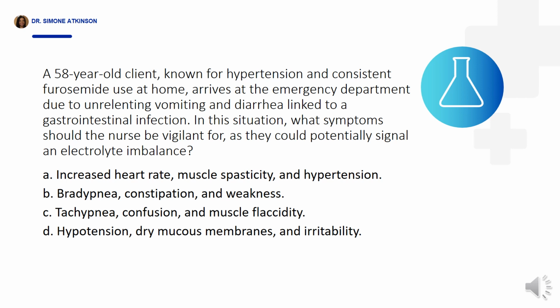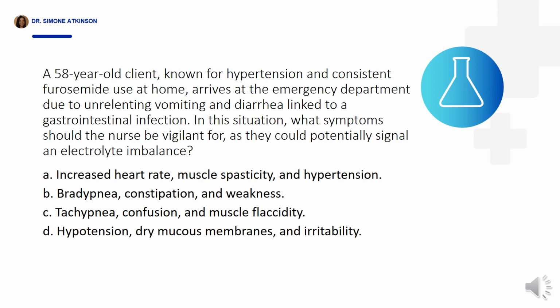Yes, I agree. It's low. It's a slowed activity with hypokalemia. That's a possibility. Dry mucous membranes, well, that's referring more to a problem with sodium, right? And dehydration. So probably not. And then with irritability, would we be seeing irritability with the hypokalemia? Probably not. So we would be able to eliminate choice D as well.